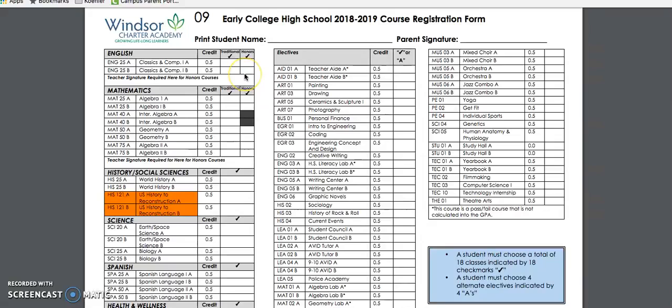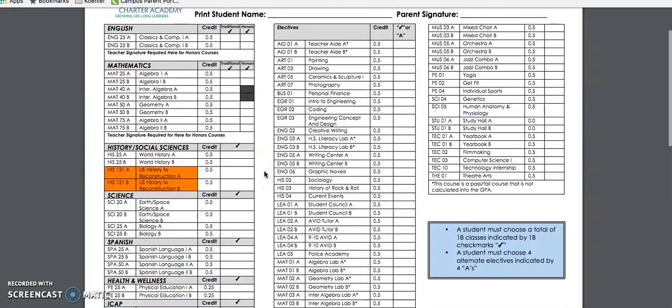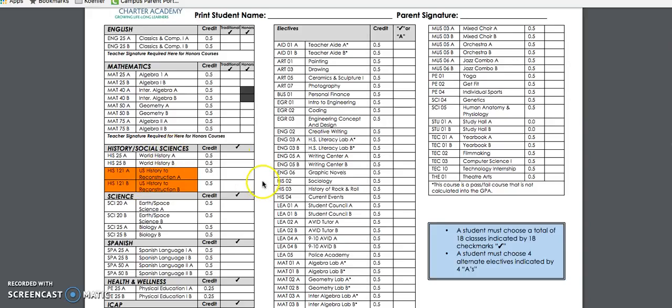And for both English and math, if you're choosing honors, you will additionally need a teacher signature for both of those. Every 9th grader needs a history class. And here will be the one place that you choose between either a high school history class or an Ames college history class. And we'll talk more about the college classes a little bit later.